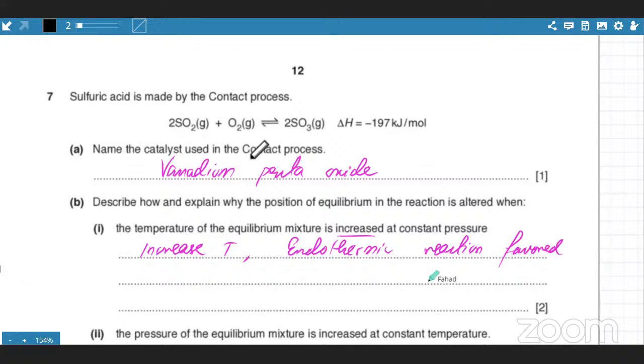Now, in this case, the endothermic reaction is going to be the backward reaction, because if you can see over here, the forward reaction is exothermic. So that indicates the forward is exo, the backward must be the endo. The forward has a negative sign, so the backward one would be the correct one. So the endothermic reaction is favored, which in this case is the backward reaction.